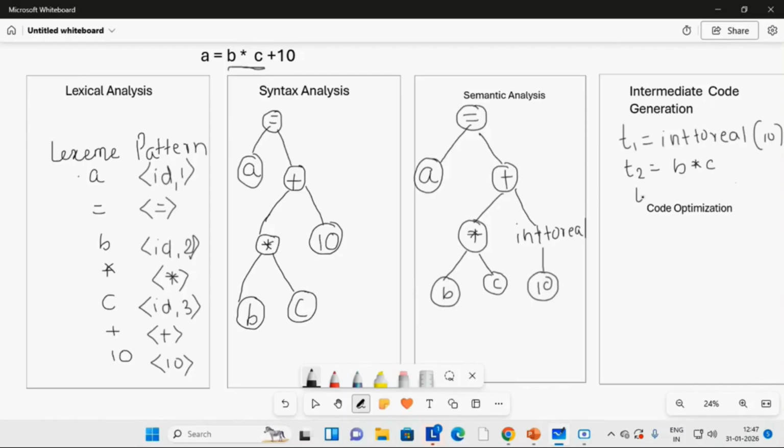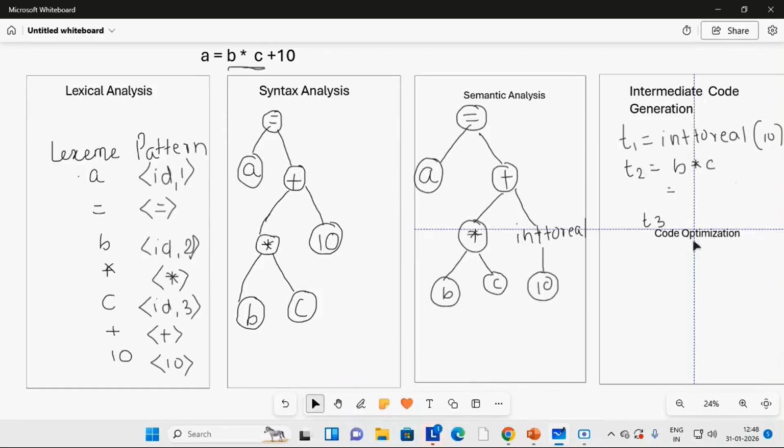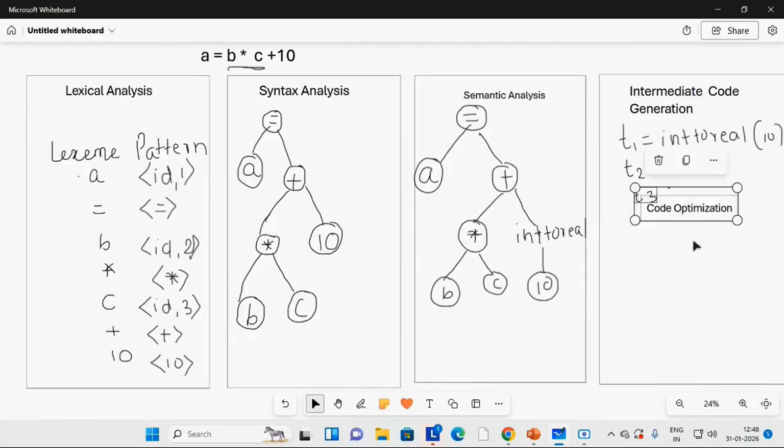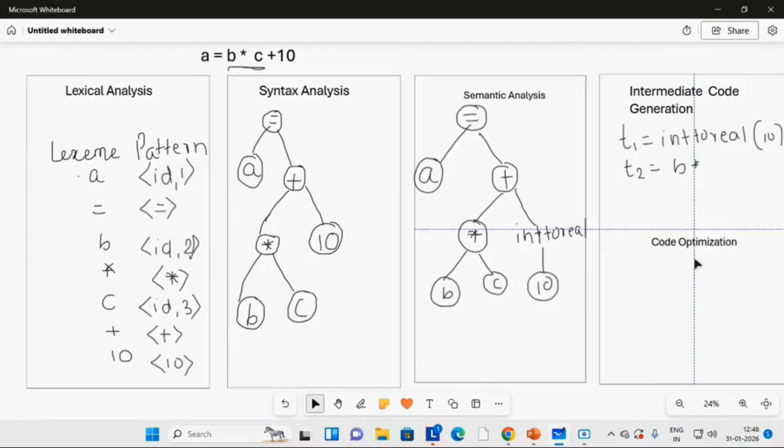Then I will say T3 is equal to, give me a minute.